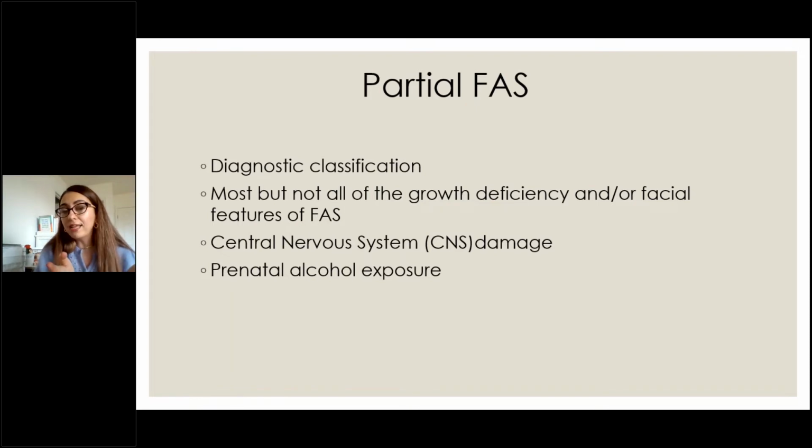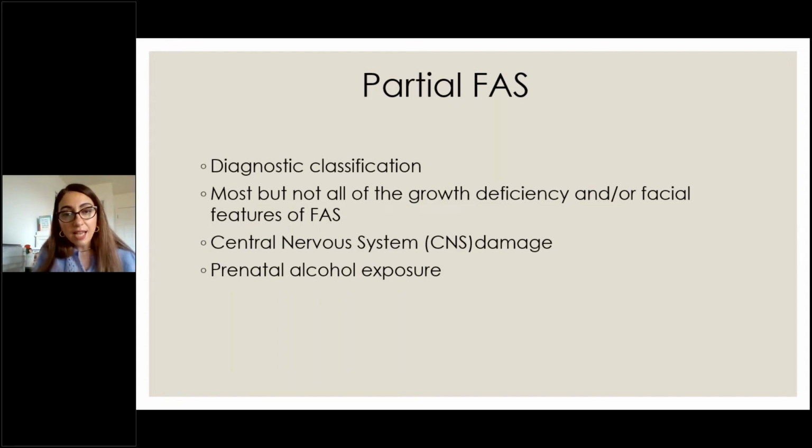So a child might have 2 of the facial features, maybe have weight under the 10th percentile. What we're seeing here is they could have an intact or typical head circumference, they could have a normal height, they could have a low weight, and maybe 2 of the facial features.